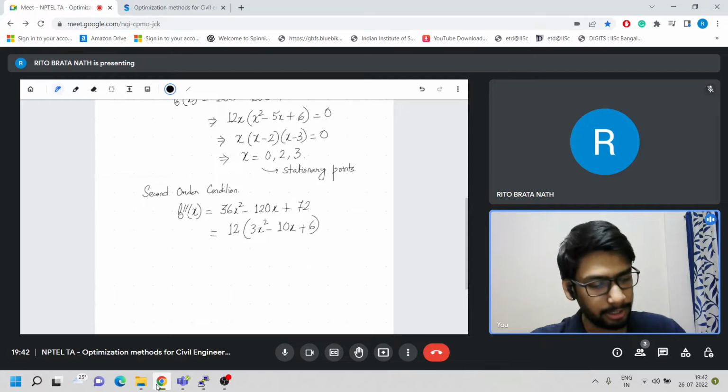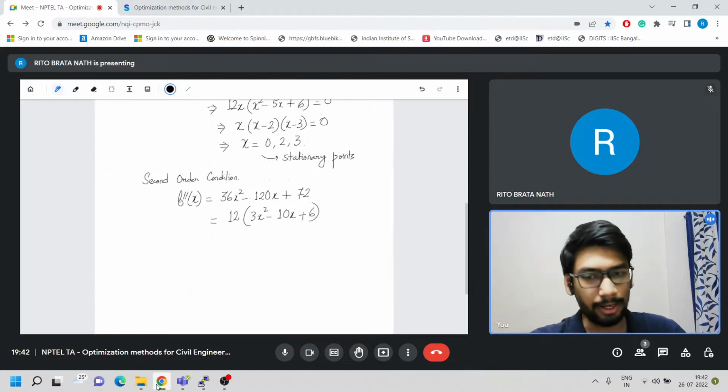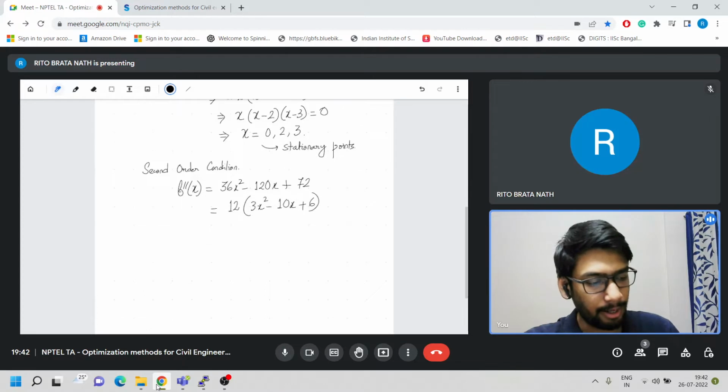Now you have to check the signs of the second derivative when you put in these stationary points. So suppose I write down a concept.